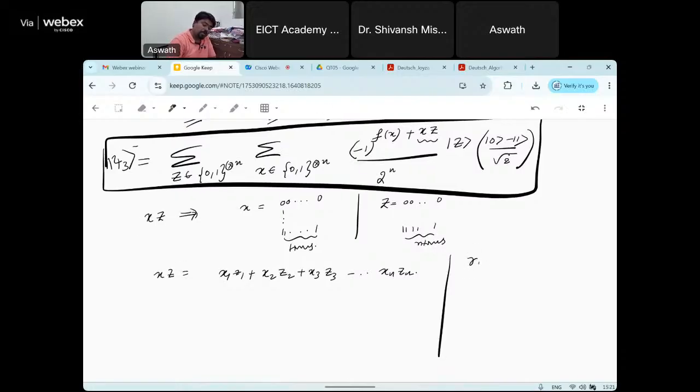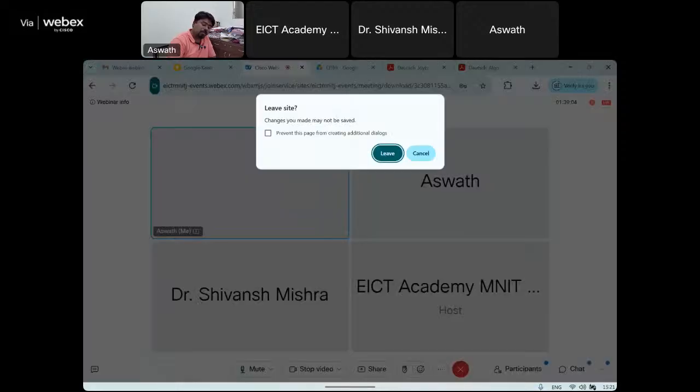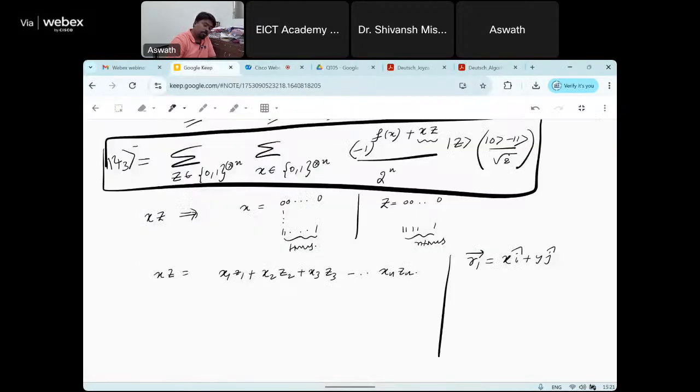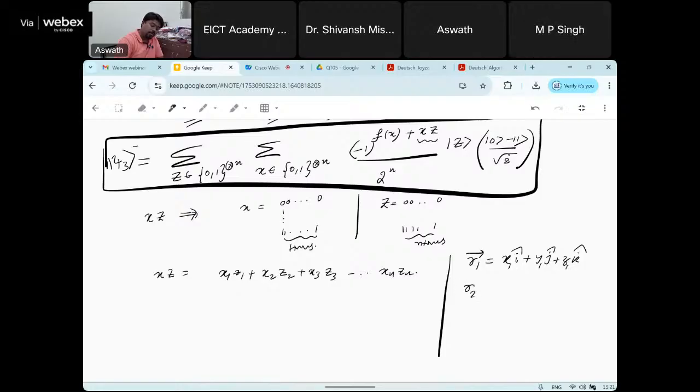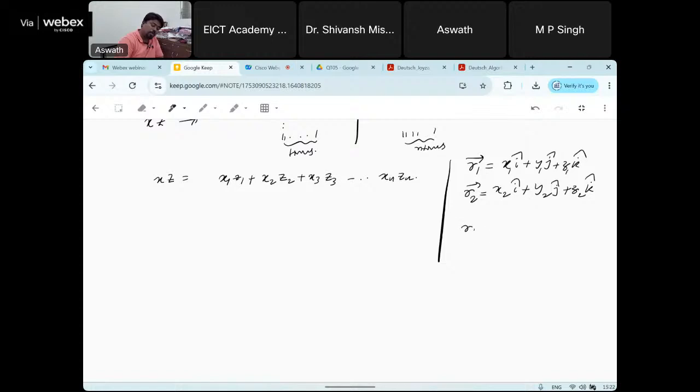Let's say there is a vector r1 which looks like x1 i plus y1 j plus z1 k, and another vector r2, x2 i plus y2 j plus z2 k. Now r1 dot r2 would look like x1 x2 plus y1 y2 plus z1 z2.